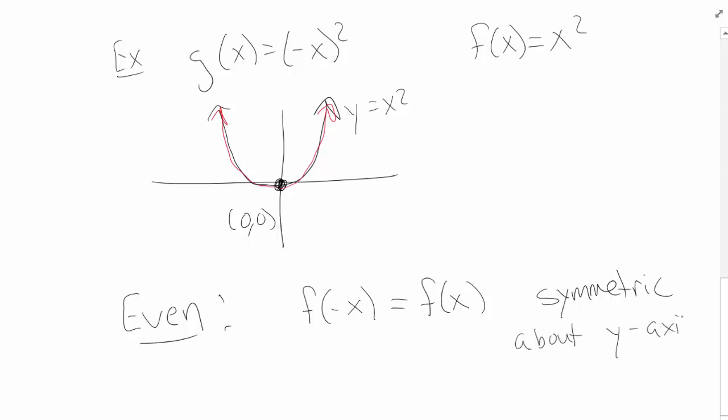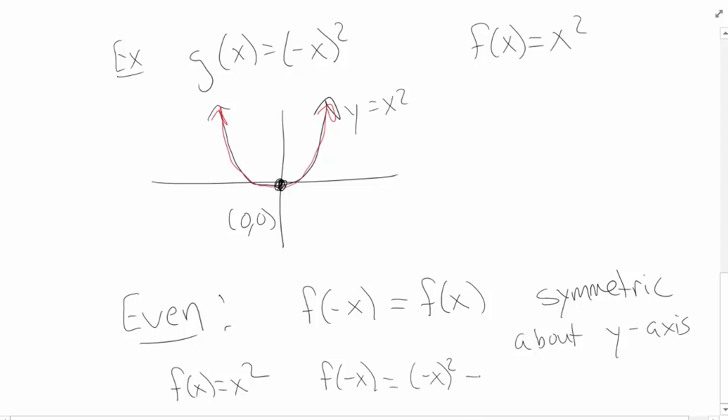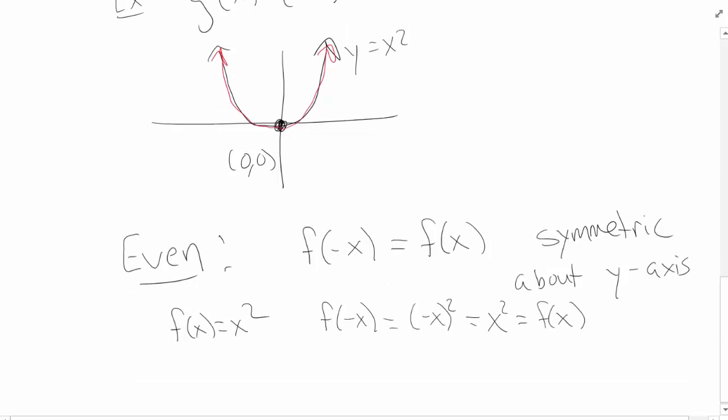And you can also see that if I plug in, so I'm starting with f of x is equal to x squared. If I'm curious about whether it's even or not, you can plug in f of negative x. Anywhere you see an x, instead replace it with negative x. And if you simplify that, that looks like x squared, which is right back where I started. So you can tell that it's even by that.